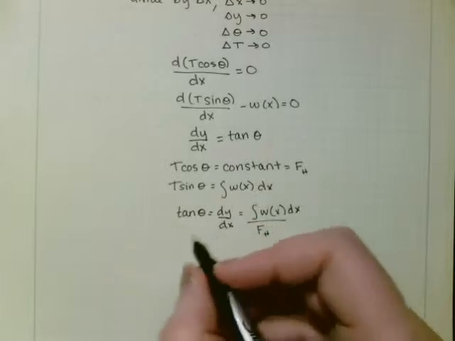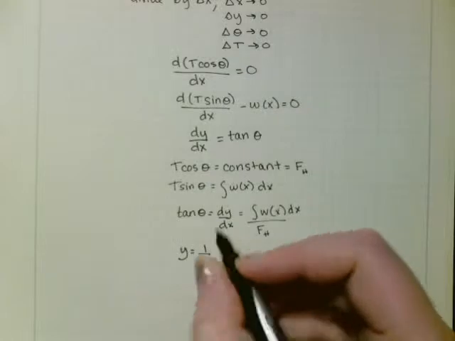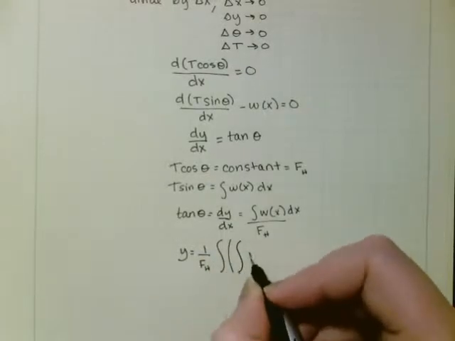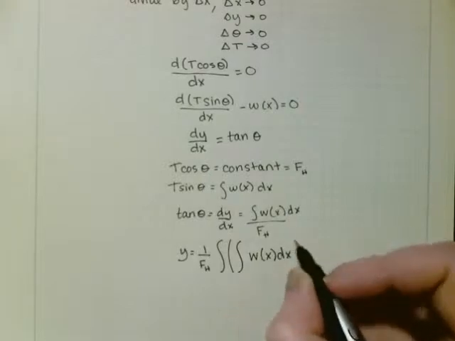So I integrate this one more time, and I would get that y is equal to 1 over F_H times the integral of the integral of w(x) dx.